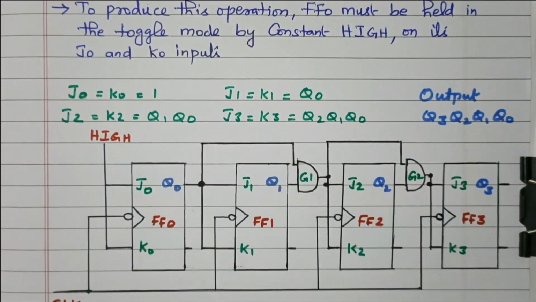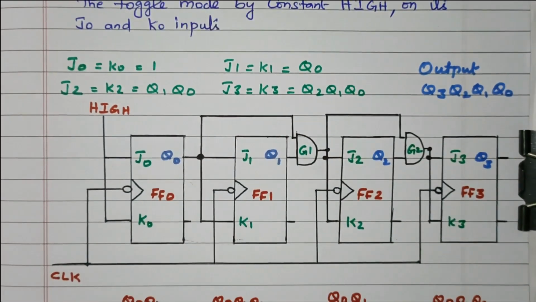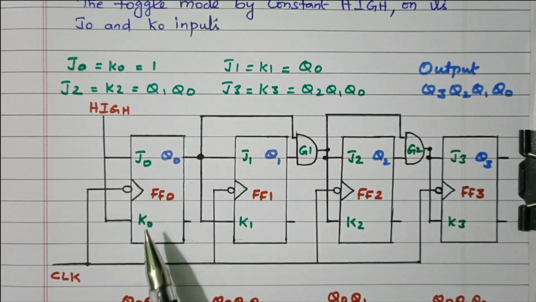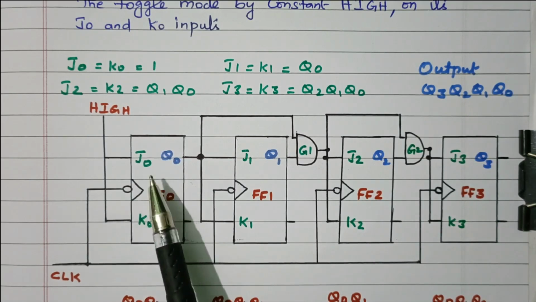Now we see the logic diagram. Here we are using JK flip-flops. Because it is a 4-bit synchronous binary up counter, we are using 4 JK type flip-flops. What is the nature of a JK type flip-flop? If both the inputs, J as well as K, are high, the output will toggle.